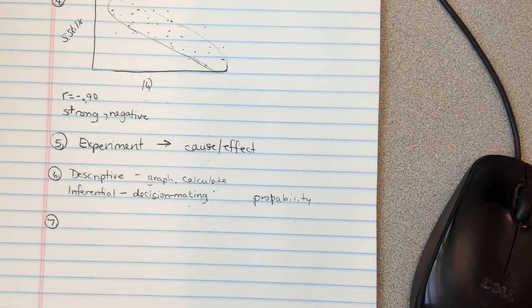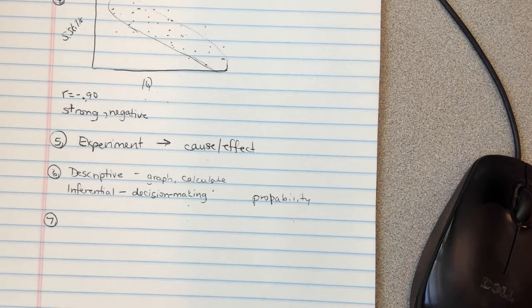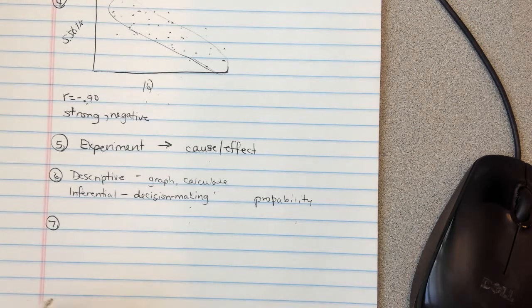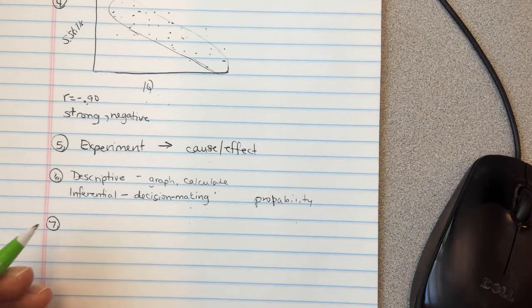Number 7, what is an outlier? Detail two statistical tools where you would especially want to pay attention to the presence of outliers. Okay, so an outlier in general is a point or a value that doesn't fit in with the rest of the data set. In a one-dimensional world, there's actually a rule for that.